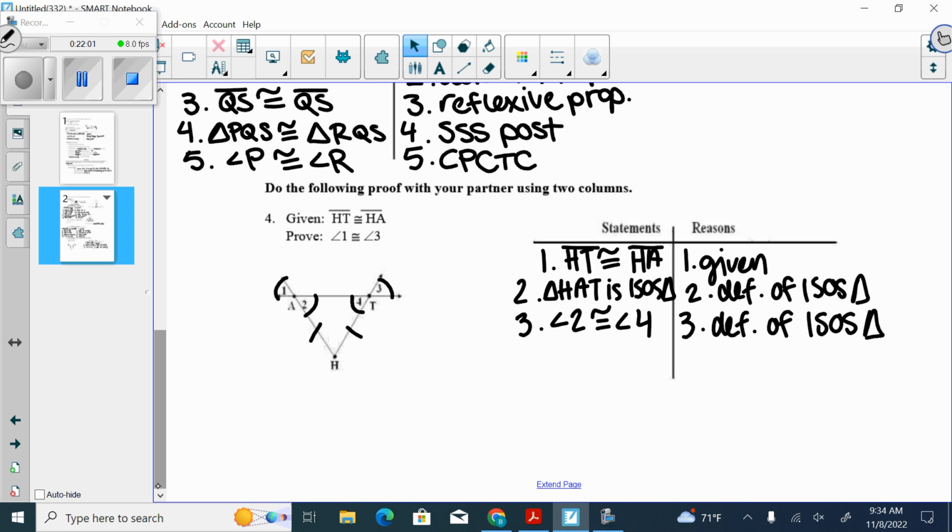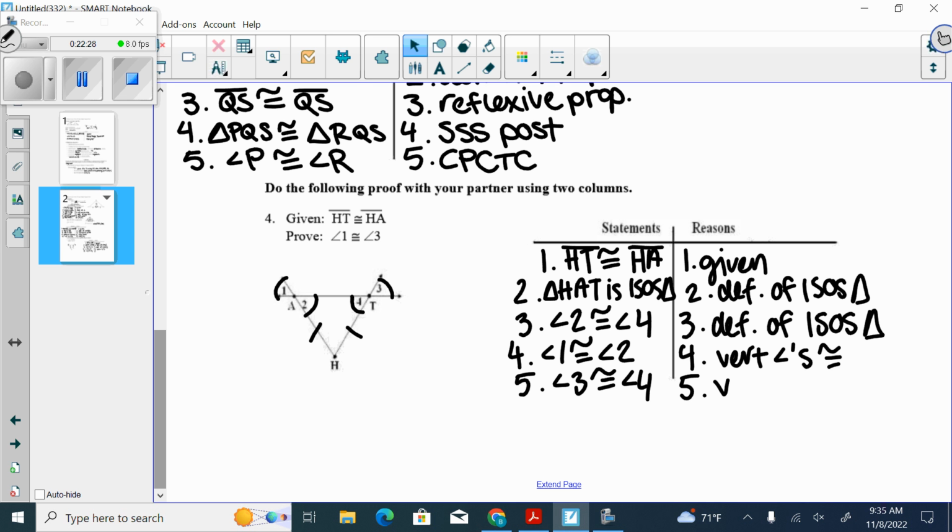Okay, so now I can say that angle 1 is congruent to angle 2 because, like you guys said, those are vertical angles, which we know to be congruent. And I can say the exact same thing about angles 3 and 4, right? So angle 3 congruent to angle 4 for the same reason. Vertical angles are congruent.